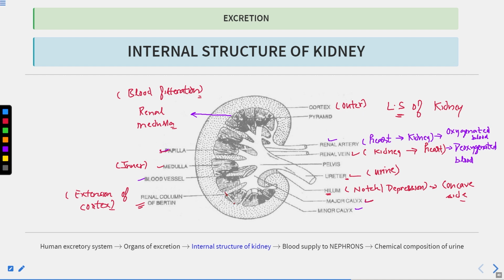So this region is known as the columns of Bertini. So this is the longitudinal section of the kidney, showing you the internal parts of the kidney. Now you can tell what the internal parts of the kidney are.